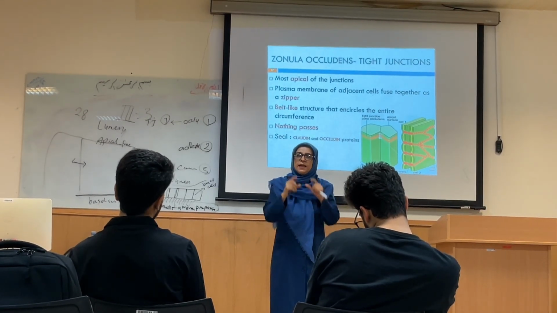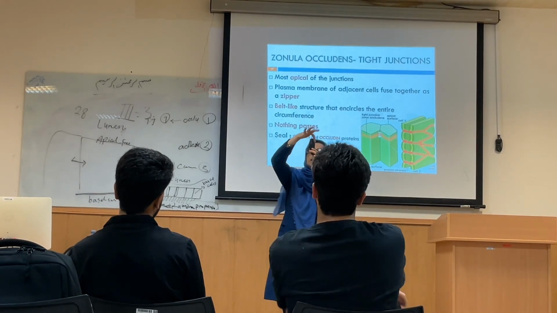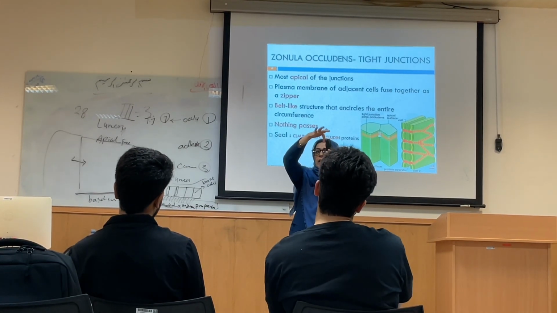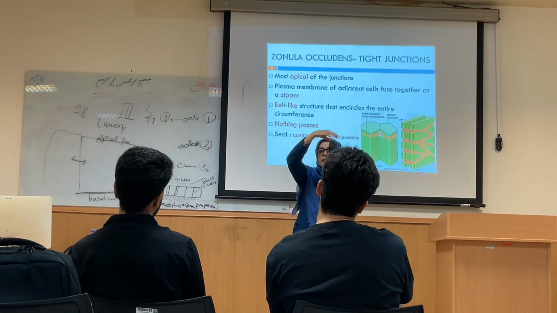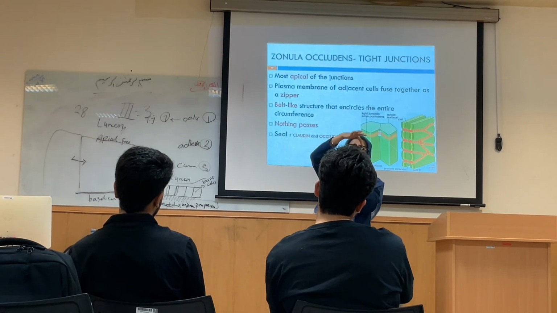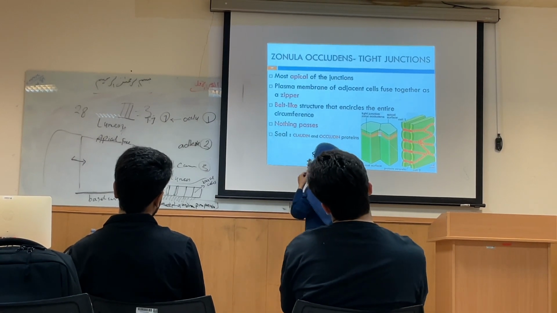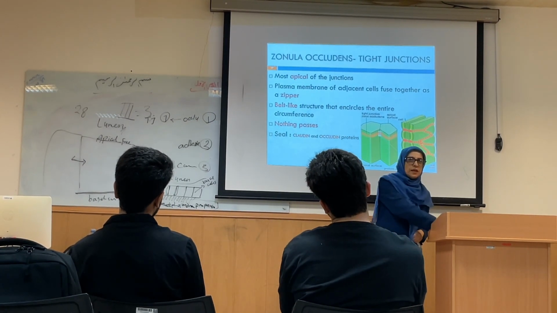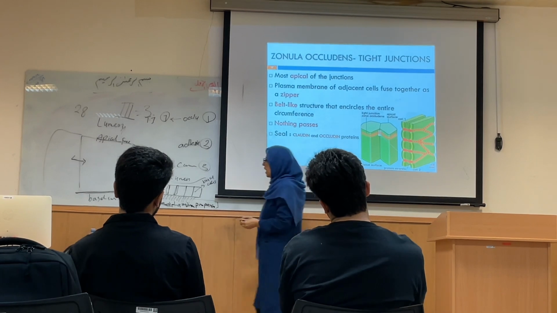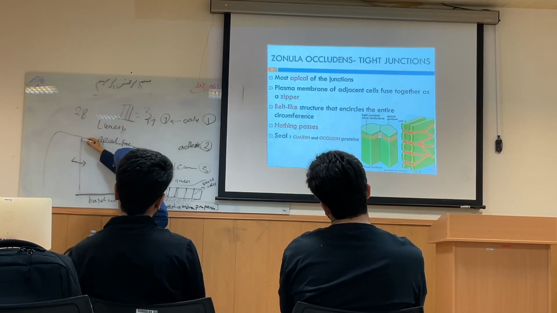These cells also are surrounded like by a belt around the peripheral part of the cells. It means the proteins in this junction encircle the cells as a zonula. Most apical: the tight junction is always here, at the apical part of the lateral surface.